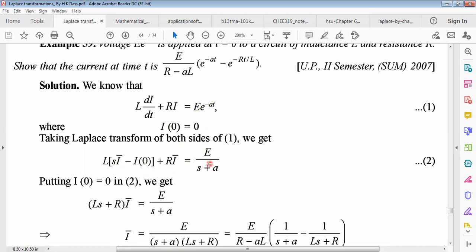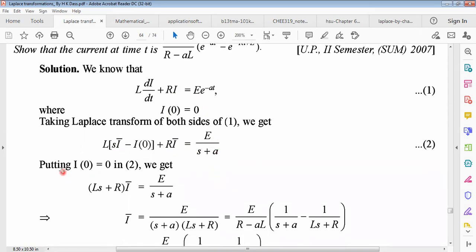And E is the constant, e to the power minus at. Formula what will be 1 by s plus a. Laplace transformation of e to the power minus at will be 1 by s plus a. From previous lecture we have proved this. Now putting this initial condition at time t equals 0, electric current what? 0. Using this condition in equation 2, that means this will be 0.